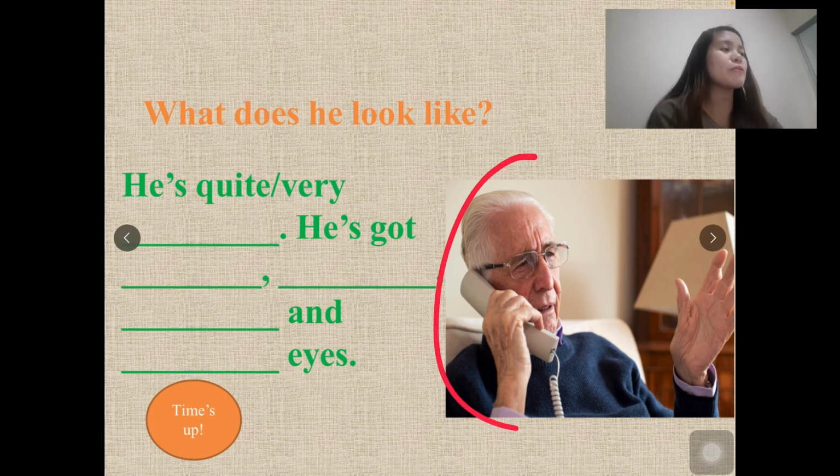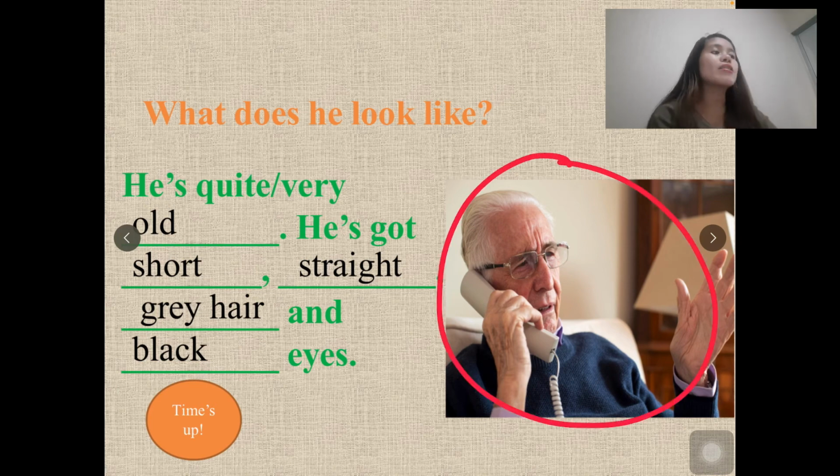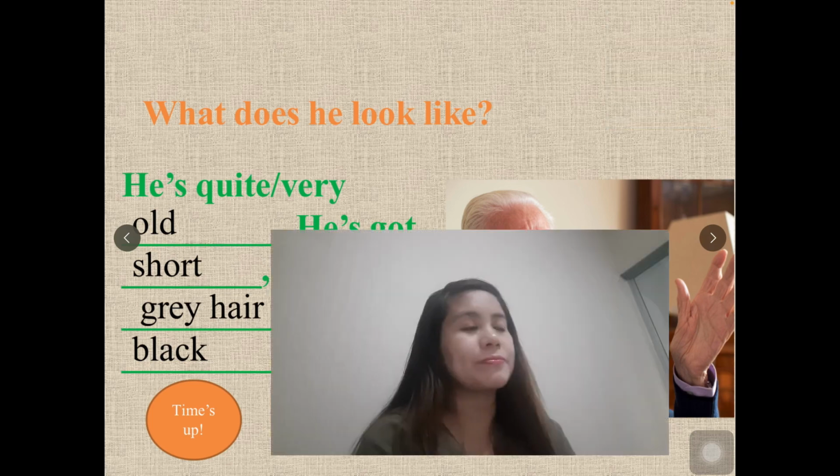Look at the picture and this is the answer. He's quite old, or he's very old. You can see on his appearance that he is very old. He's got short, straight, gray hair and black eyes. Right, so that is when you describe a person.